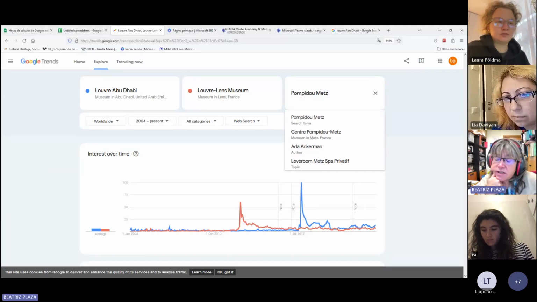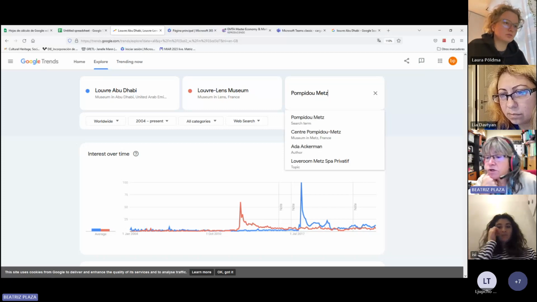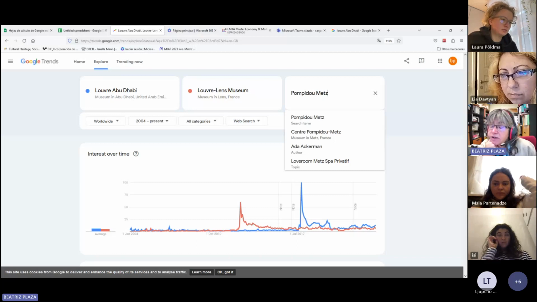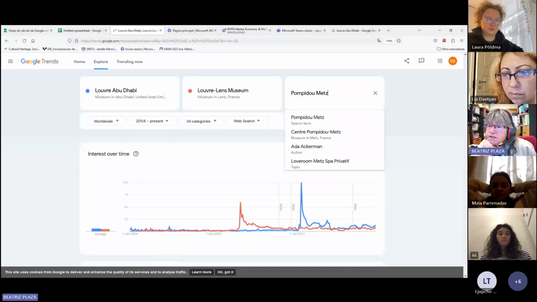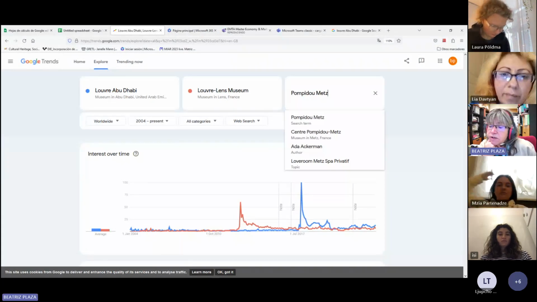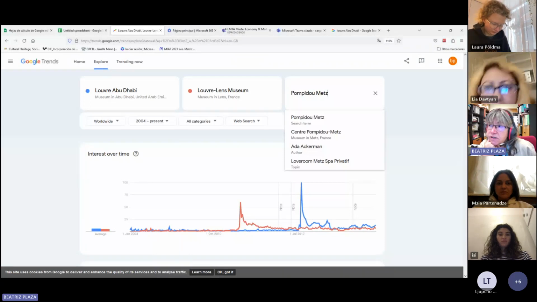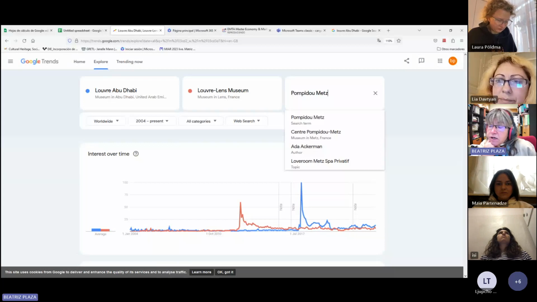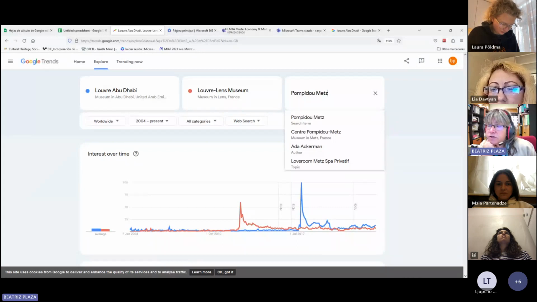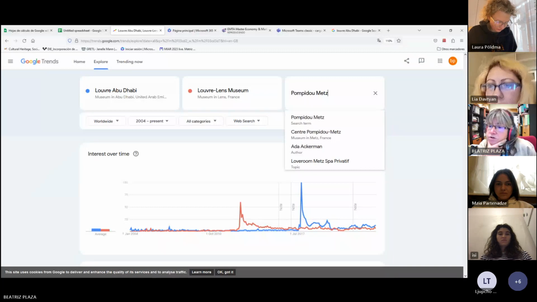Yes, you can see that it is Metz. It sounds German, okay? It is very close to it. Probably, historically, it was German territory before. Now it is France. Metz is very close to the German border. It is a Euro region with Karlsruhe and Switzerland. They have generated their Euro region there. So this Pompidou Metz is located in Metz.